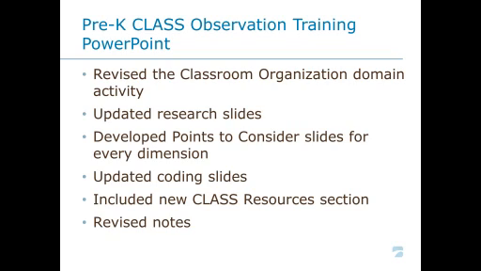So for the observation training PowerPoint, we revised the classroom organization activity to provide more scaffolding to support participants as they learn about what interactions look like in different ranges. The activity includes sorting the scenarios into dimensions as it did in version 2. But now it also has participants sorting those scenarios into the low, mid, and high ranges, and then coming up with descriptions of what that scenario might look like in the other 2 ranges.